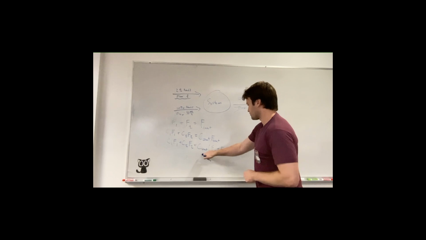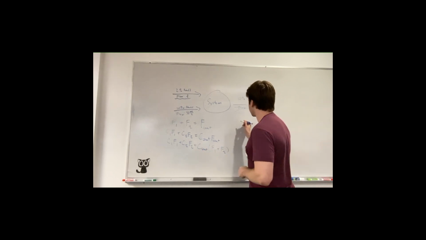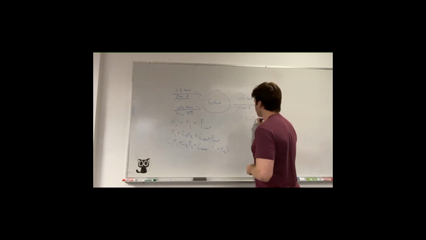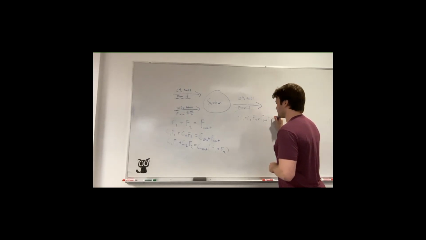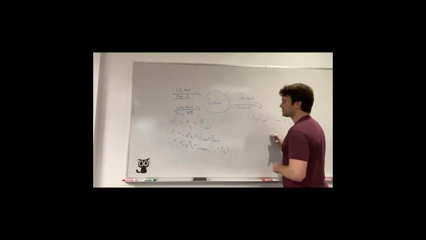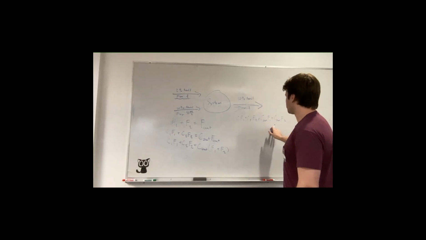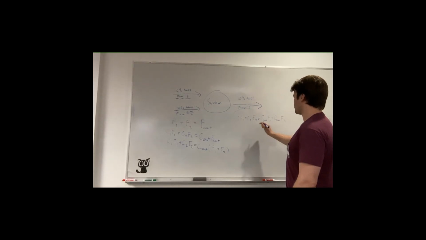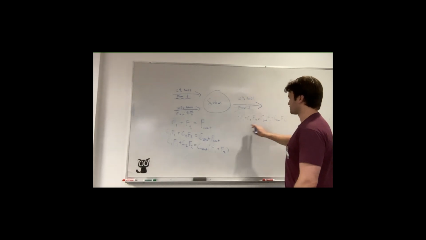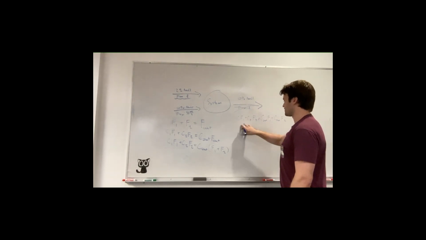We're going to distribute this across here: C1 F1 plus C2 F2 is equal to C out F1 plus C out F2. We want to isolate F1, so we're going to bring the third term over to the left, and we're going to bring the second term over to the right by subtracting it from this side and adding it to the next.